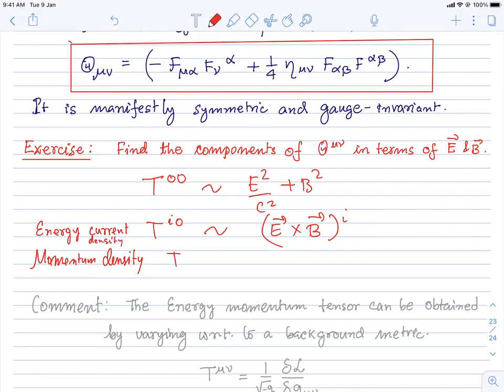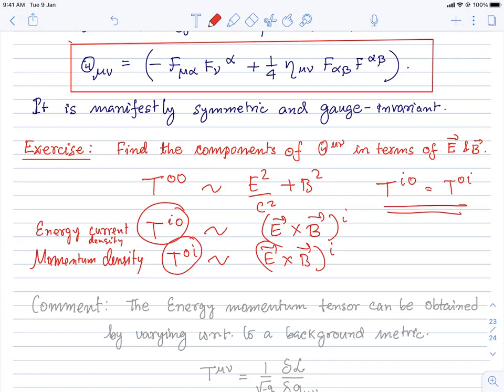That is T^{0I}, and that is also E cross B, as you know very well. And this fact follows from the fact that the energy momentum tensor is symmetric. T^{I0} is equal to T^{0I}, because we have implemented that, because we wanted angular momentum to be conserved. Because of angular momentum conservation and the symmetry of the stress tensor, the indices are symmetric.